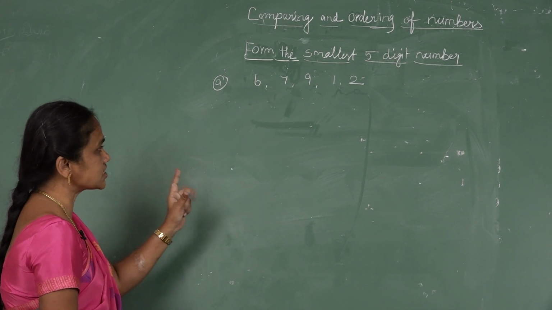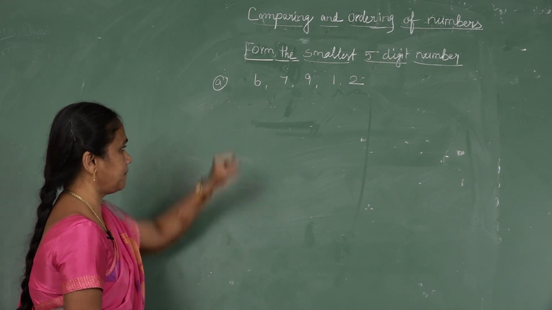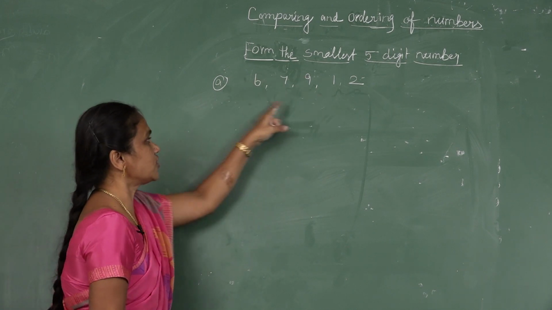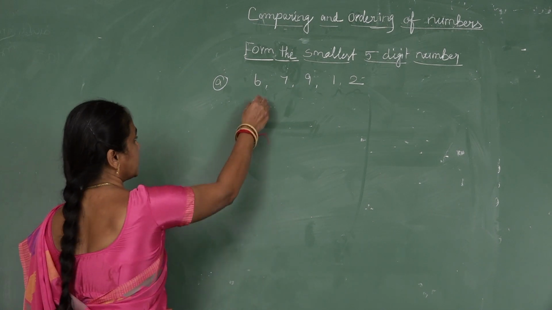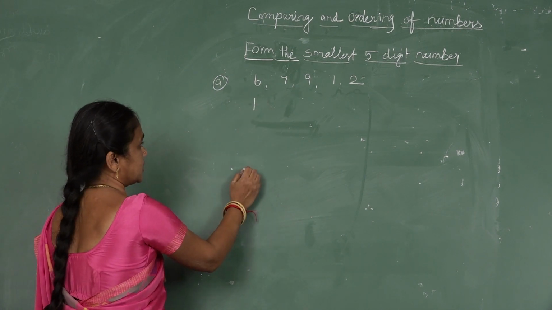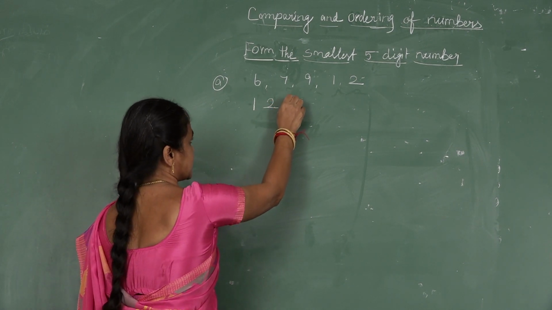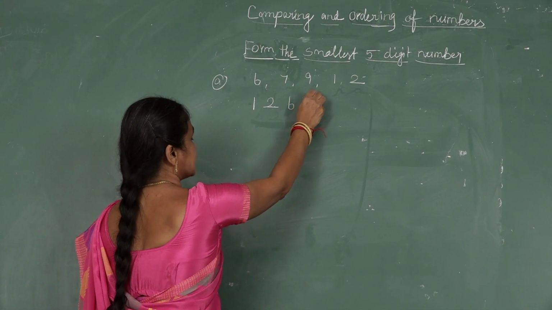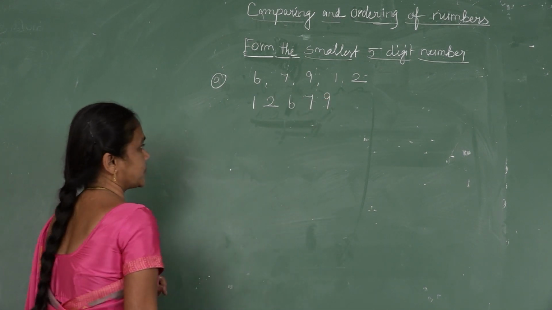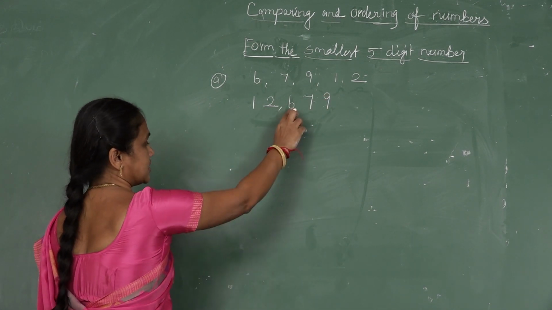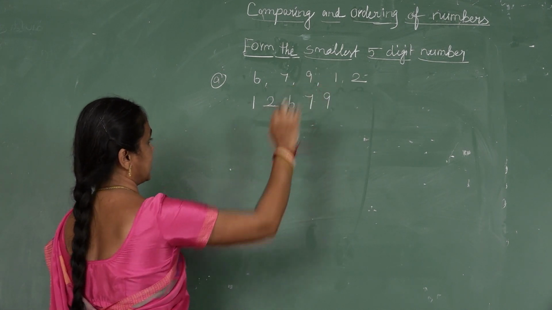To form the smallest number, we arrange the given digits in ascending order. Among these numbers, which is the smallest? 1. So we write 1 at first, then 2, then 6, then 7, then 9. 12,679 is the smallest 5-digit number.